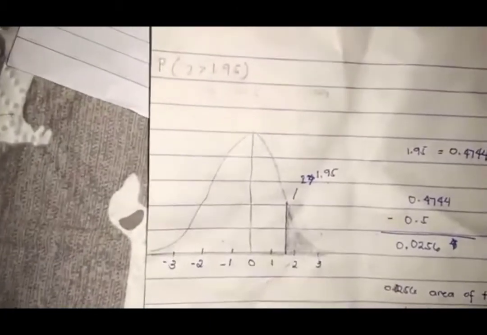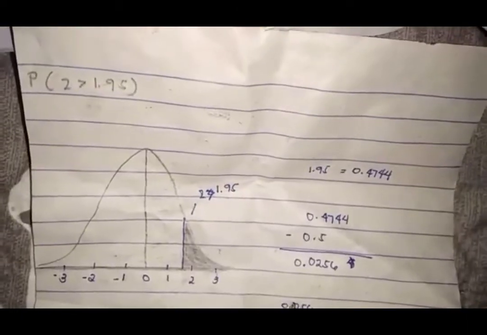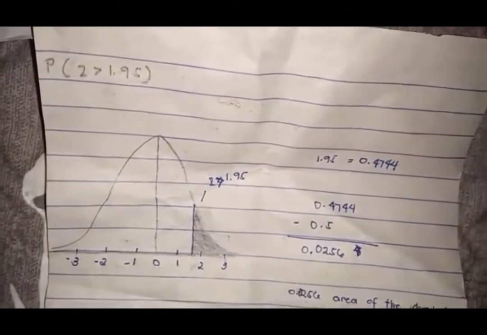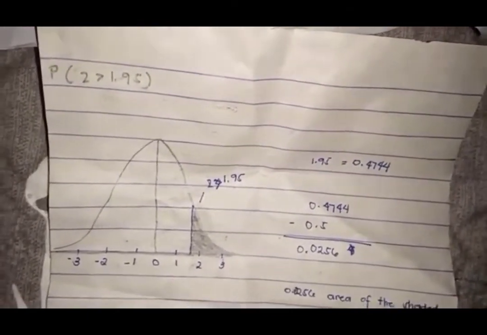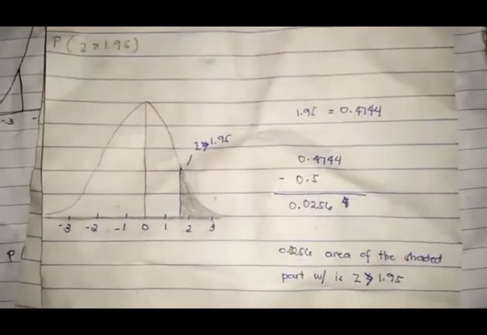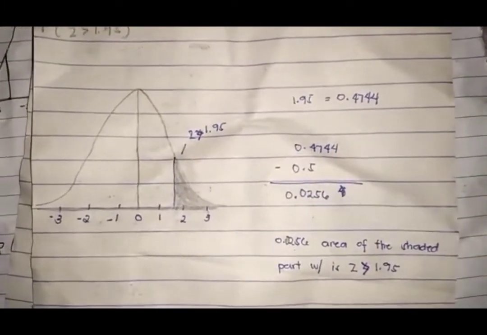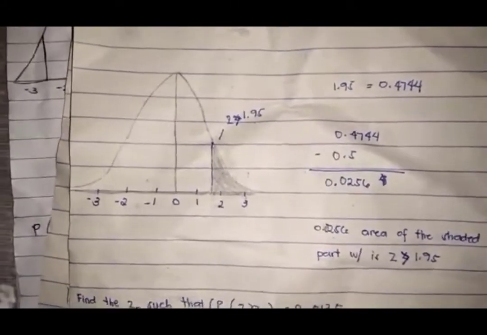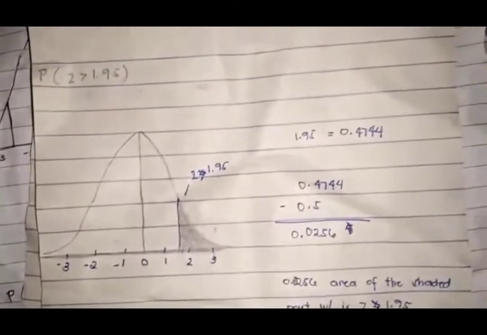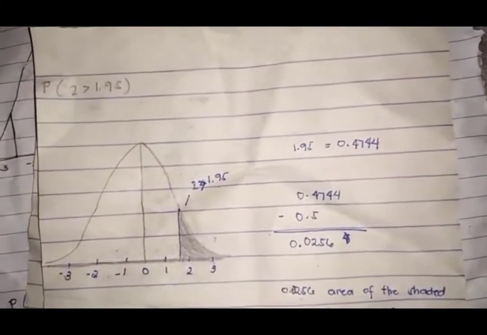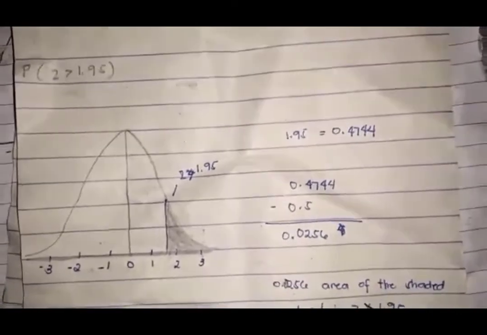like this. Since the shaded area is on the extreme right, the area of 1.95 must be subtracted from 0.5. So why did we subtract 0.4744 from 0.5? It is because the standard normal score is not included in the shaded region, because the standard normal score is greater than 1.95.